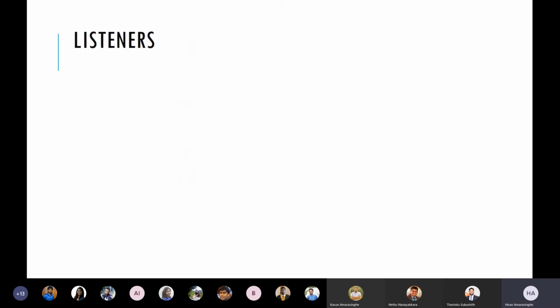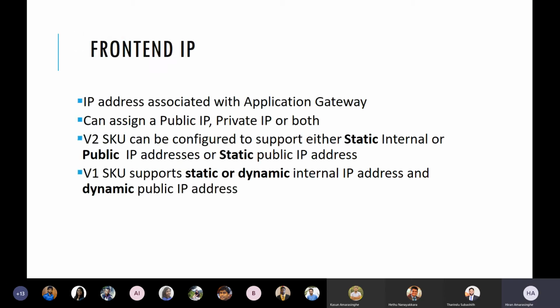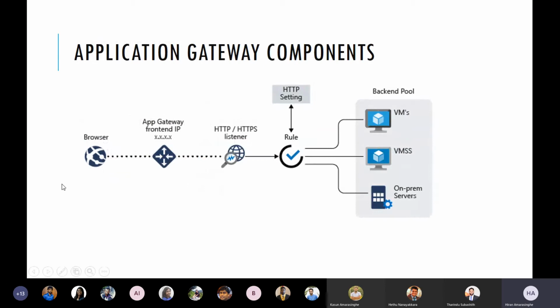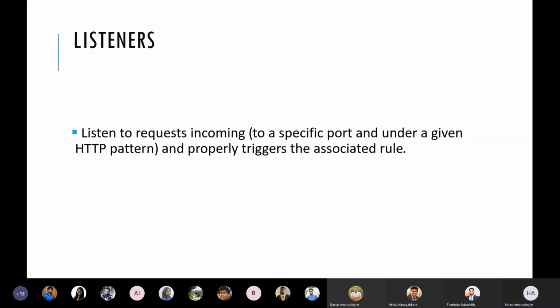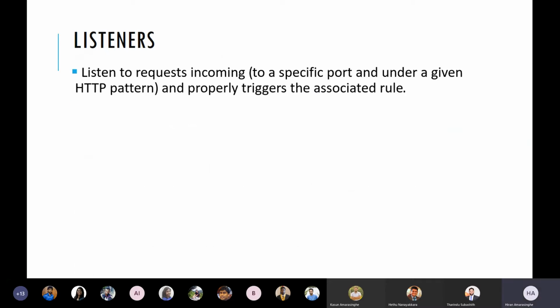The other one is listeners. Again, I go back to the slide. You can see this is the second component. A listener basically listens for requests, simple as that. It listens to a port under a given HTTP pattern.